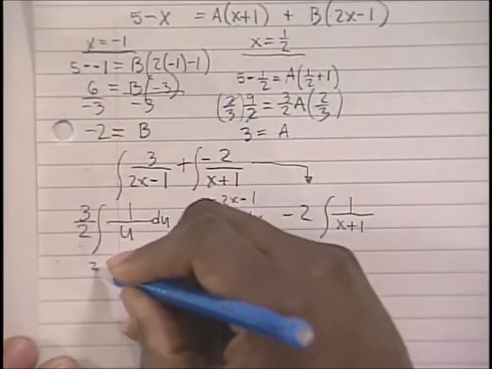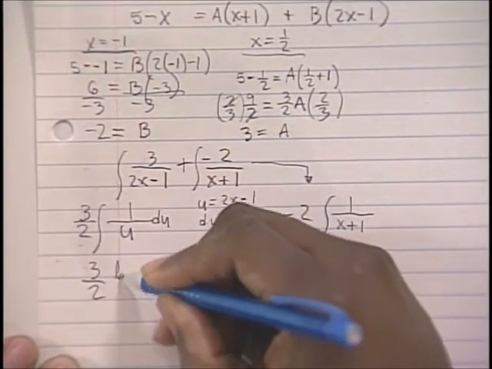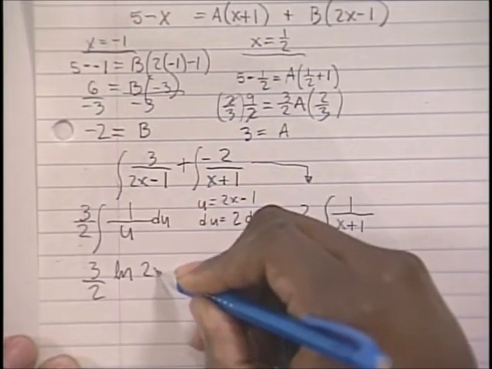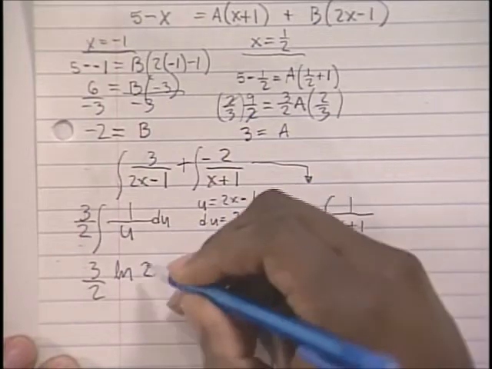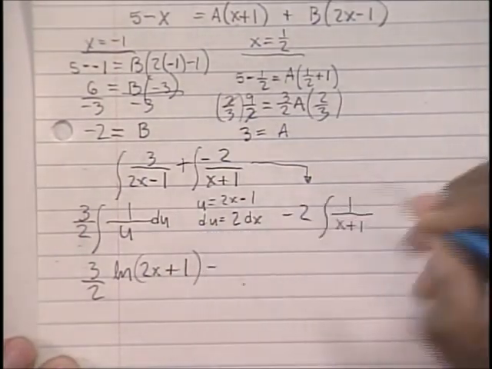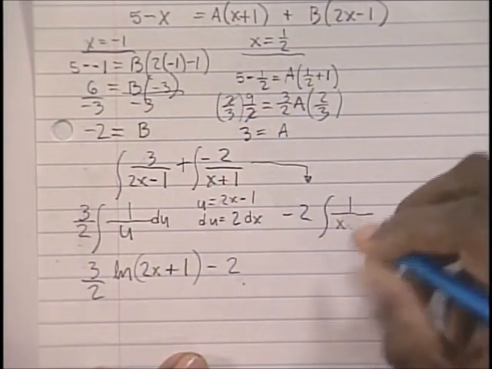All right, so we have 3 halves. You take the antiderivative of this, you end up with the natural log of u, and u is just 2x minus 1. And then here we have the minus 2, and you take the antiderivative of 1 over x plus 1.